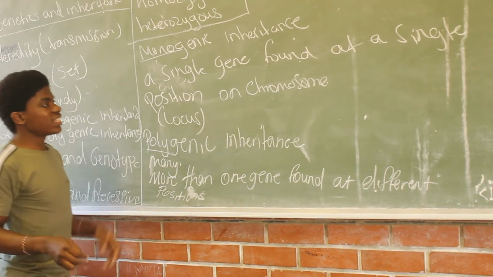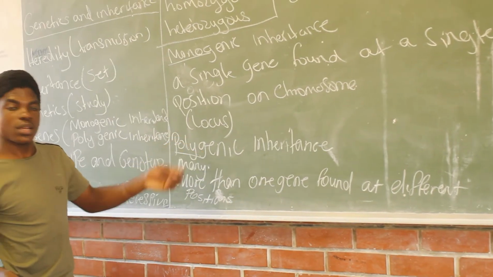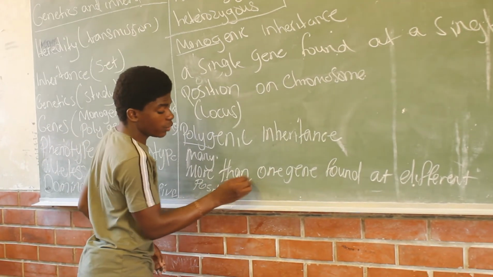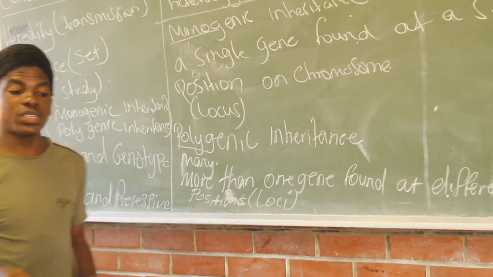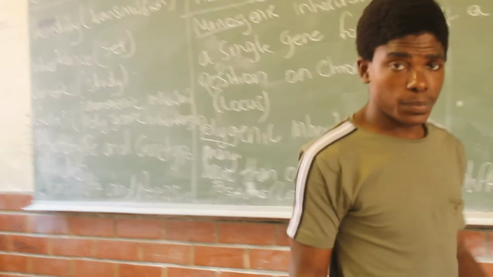We do know that the singular is called locus, but when you're talking about the plural, we say loci. We no longer call it a locus; we say loci.